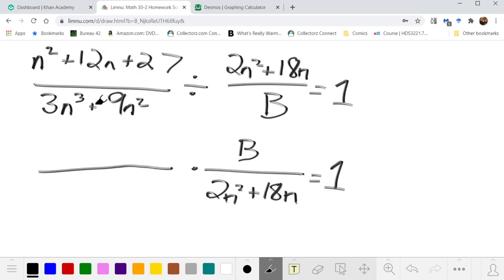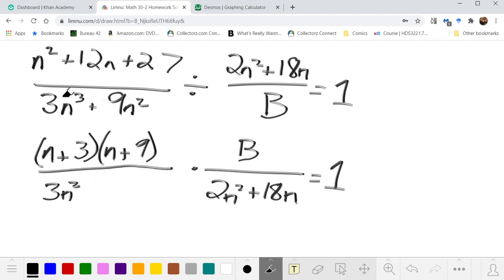And on the left-hand side, we can already start to do some of our factoring. So two numbers that multiply out to 27 but add up to 12 would make this n plus 3 times n plus 9. And in our denominator, we could cancel or factor out the common 3n squared, which will leave us with an n plus 3.